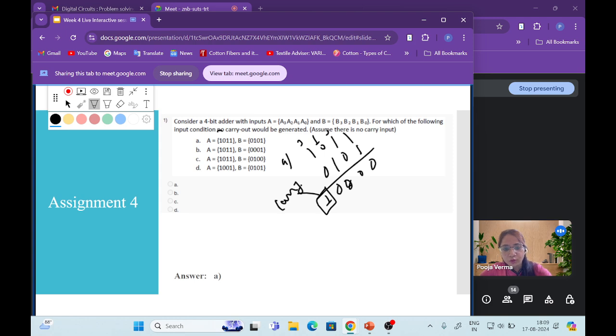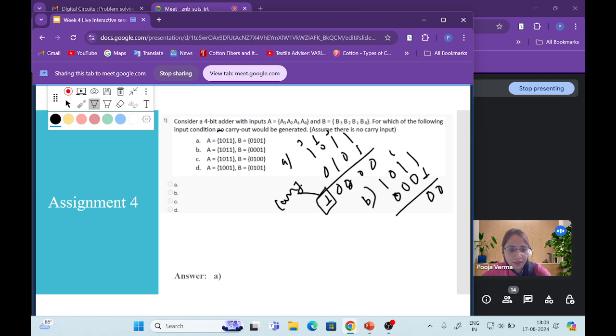Then move to option B. A is 1 0 1 1 and B is 0 0 0 0. Adding 1 1 0, again the carry will be propagated to the next bit.